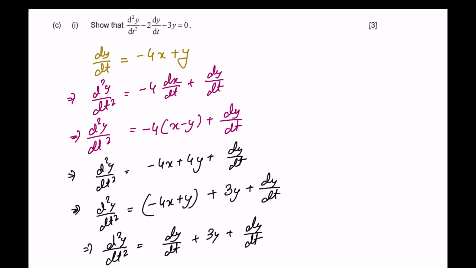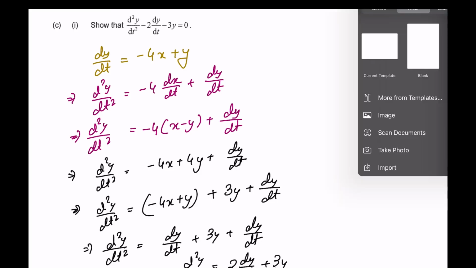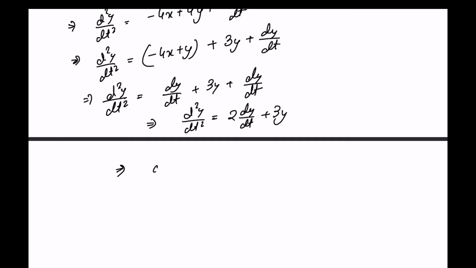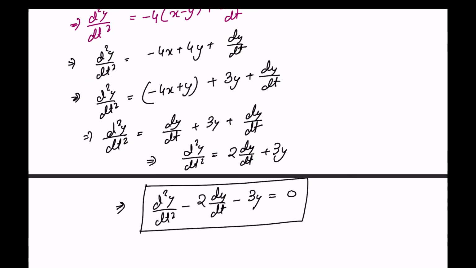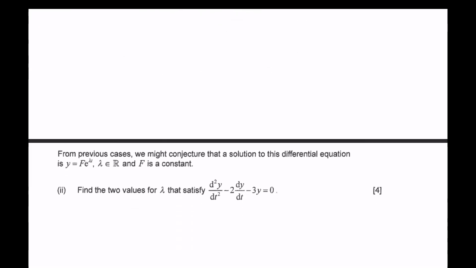Now taking them together, d2y by dt square becomes twice dy by dt plus 3y. And here comes the last step: d2y by dt square minus twice dy by dt minus 3y equals 0. And if you check the question, this is what we need to prove. Yeah, this question is done.